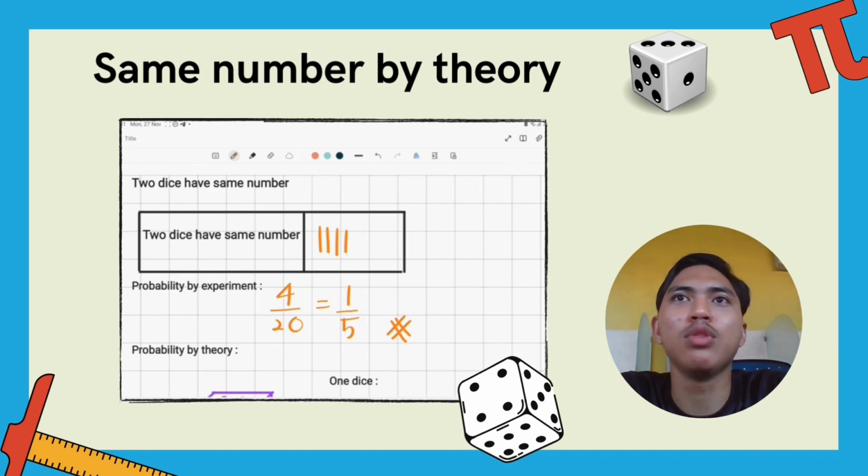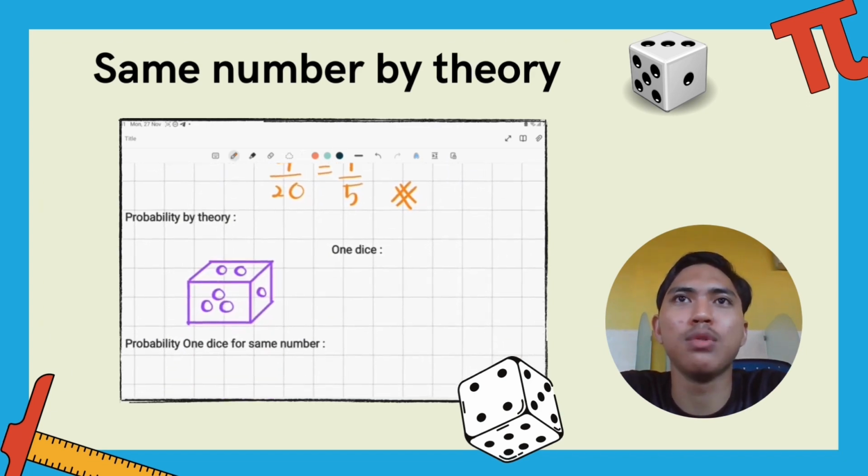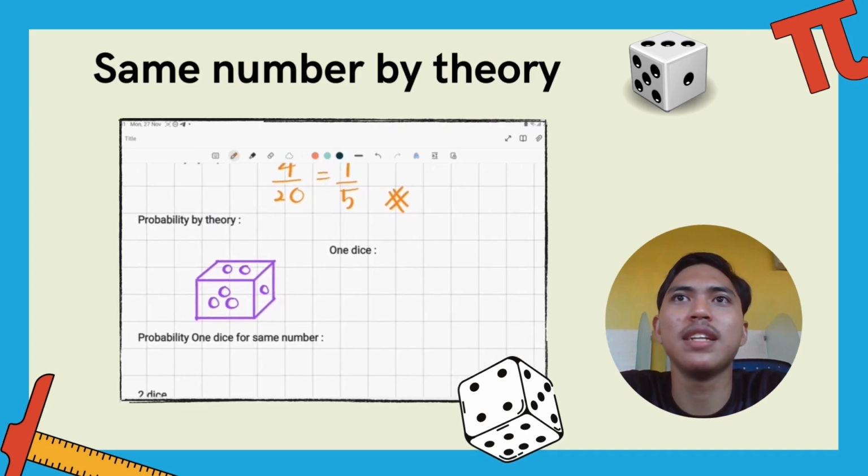Now, I will show you how to calculate the probability of getting the same number for both dice based on the theory. As we know, each surface of one die has a different number, and there are 6 surfaces for each die. So, we can conclude that the probability of getting a particular number on one die is 1 over 6.